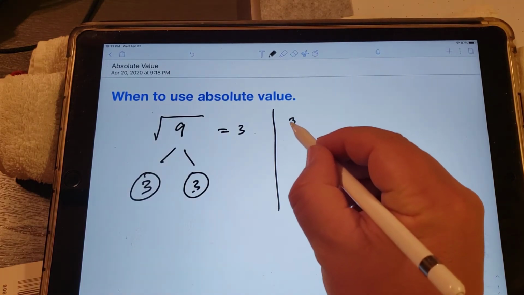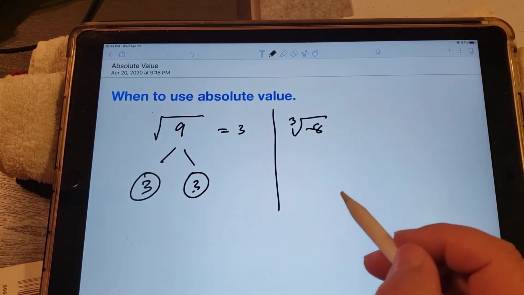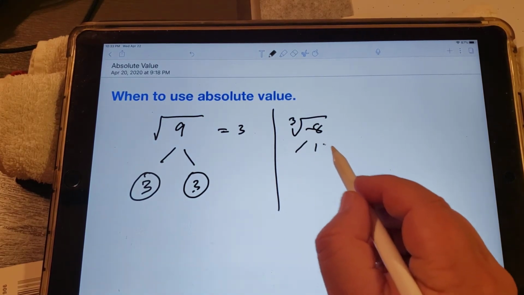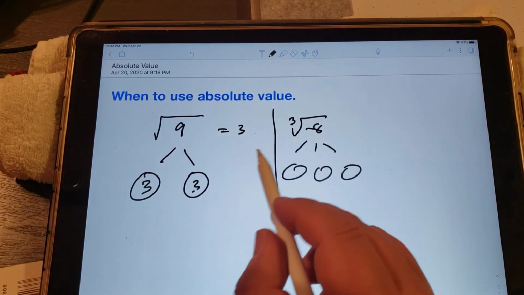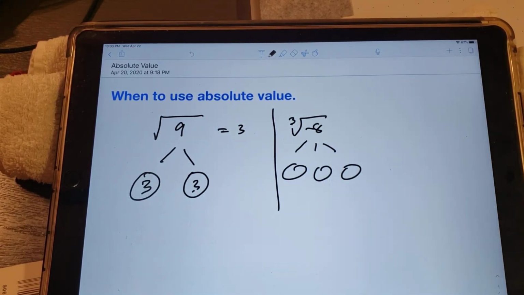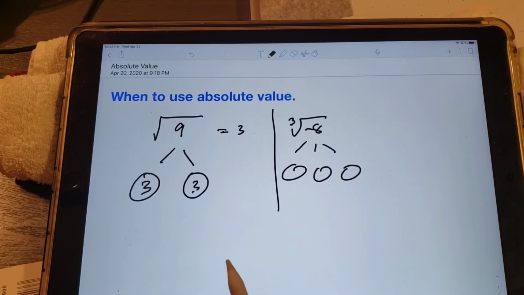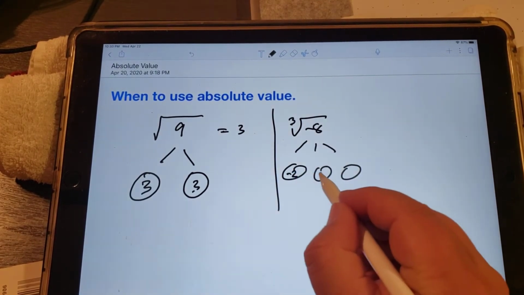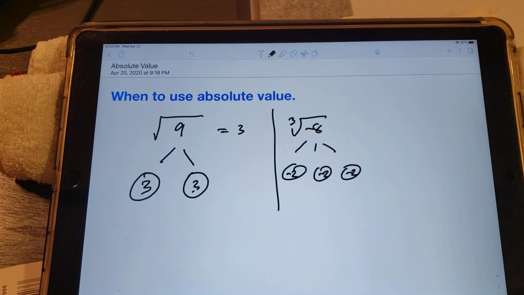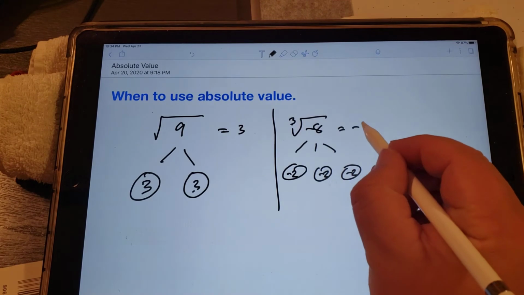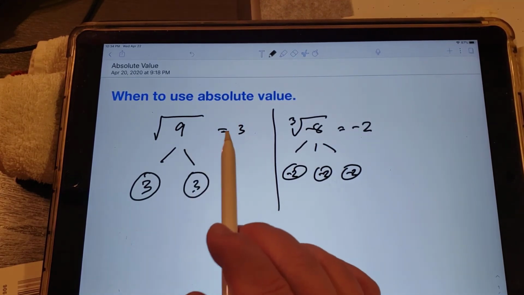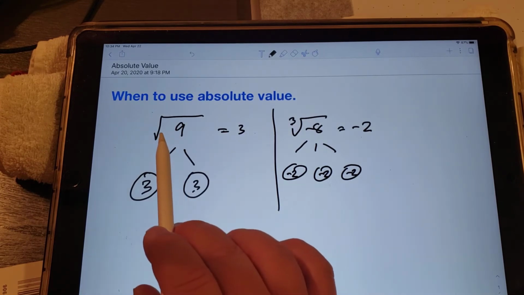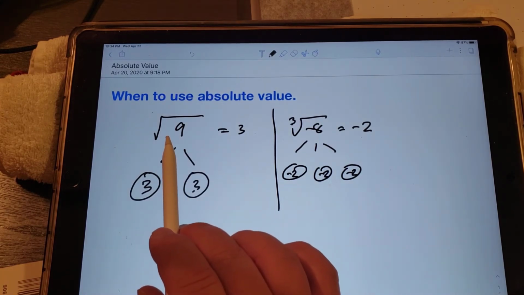So let's say I said the cube root, well, this isn't algebra, but the cube root of -8. Well, because I said cube root, instead of 2 balloons, I'm going to have 3 balloons, and I want to fill those up. And negative, well, you have to think about it a little bit, but I think you'll get it. -2 times -2 times -2 will give you -8. And so this is one thing you might have learned a long time ago, and that is negatives don't work for square roots.